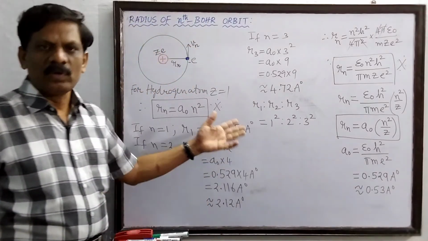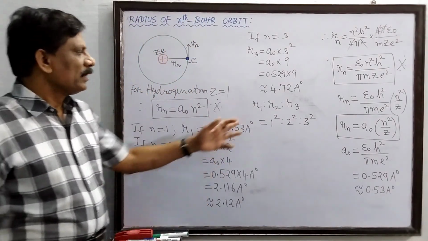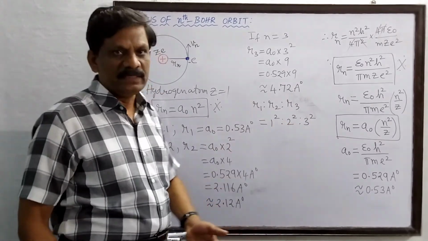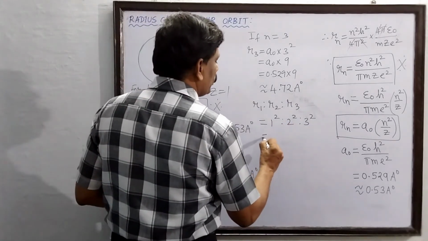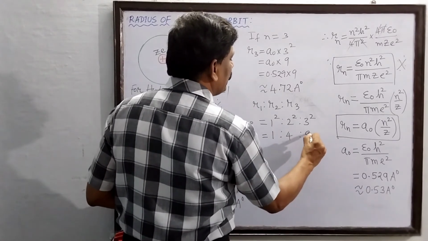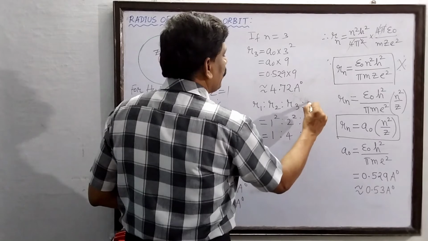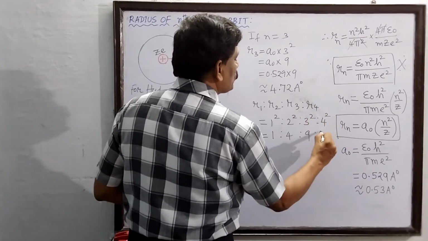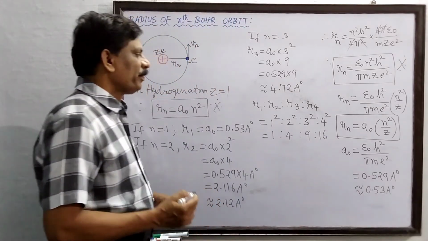The first 3 Bohr orbits I have taken. So this is 1 is to 4 is to 9. Suppose you take R4, then it is 4 square, which is 16.